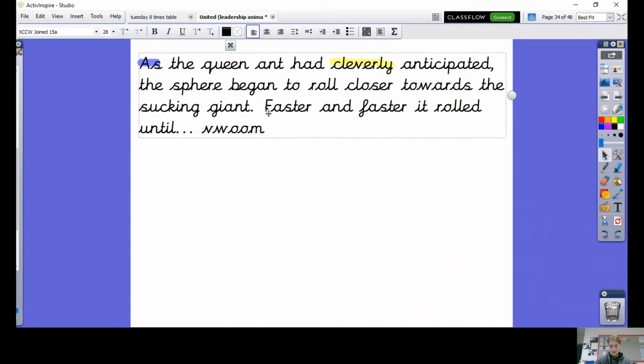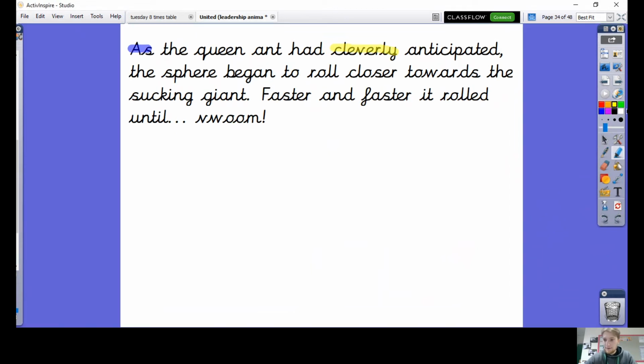Okay, and then I'm going to put an exclamation mark as well just to show the sound was quite loud. Okay, so faster and faster it rolled until vroom! Fantastic. Right, I'm going to highlight in green, if I can, the onomatopoeia word. Great.